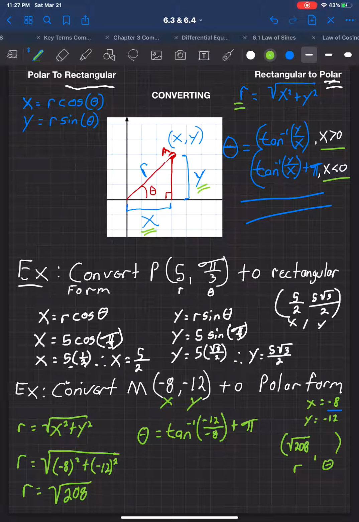Normally in class I would turn to you and ask you what is tan inverse of -12 over -8 plus pi. I think it's about, well, let me not guess. You can, on your own time, figure out what theta should be in degrees or radians. Doesn't matter which one. Just if you're going to do degrees, make sure you change that to plus 180 as opposed to plus pi.